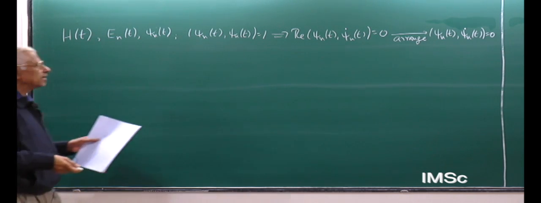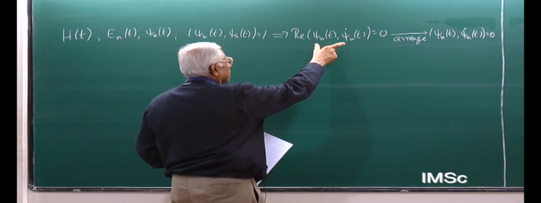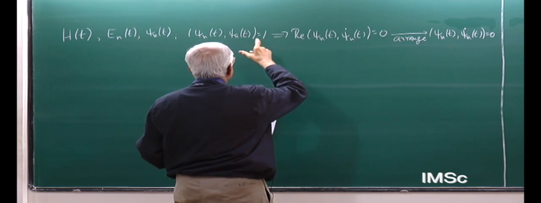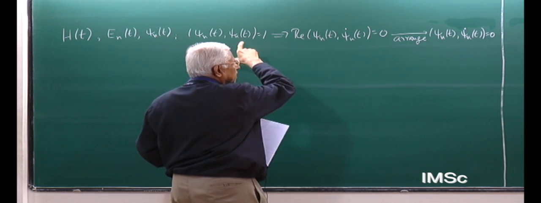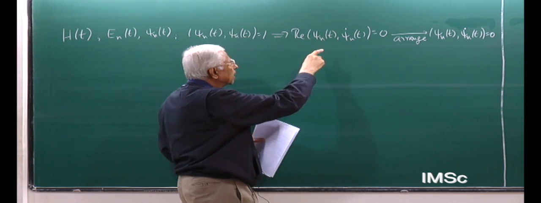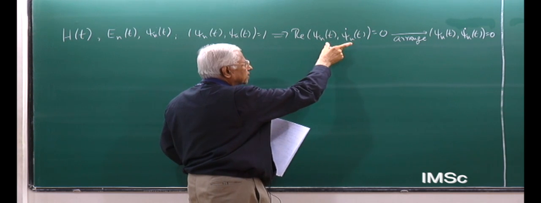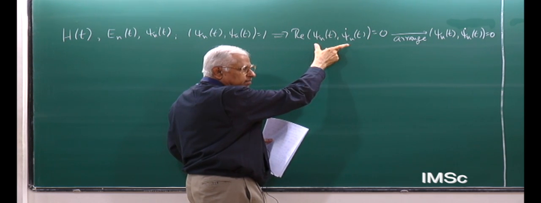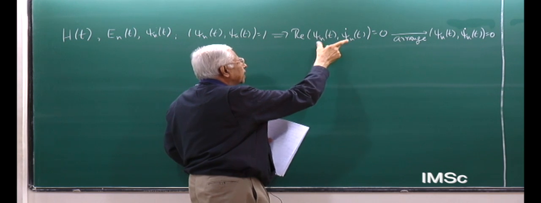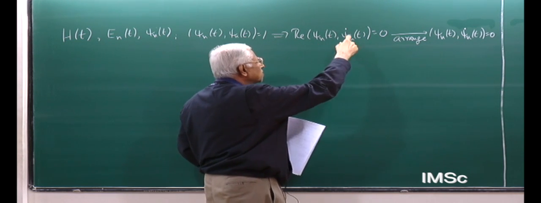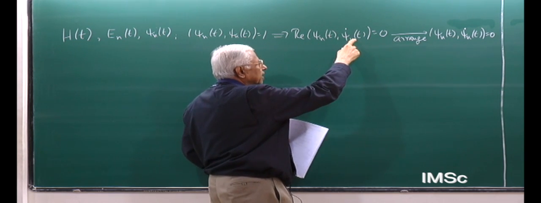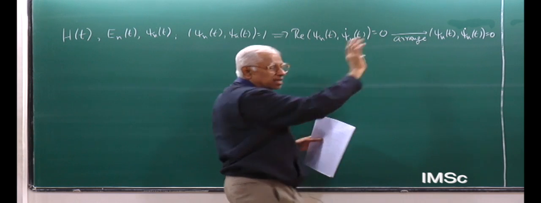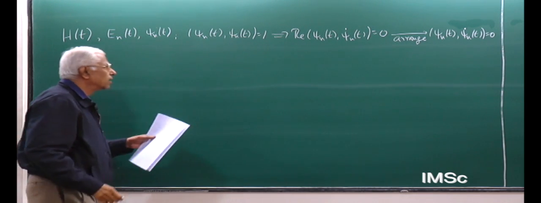So by making this requirement, what we know from the constant norm of psi n with respect to time is that the real part of this is 0. So it means that this inner product is i times the imaginary part, and let us choose the time dependence of psi n of t such that even the imaginary part is 0.